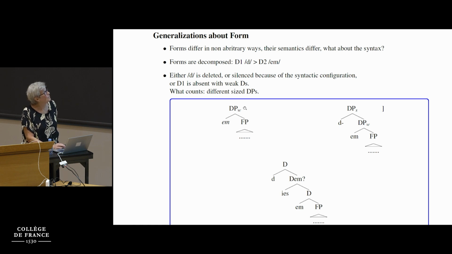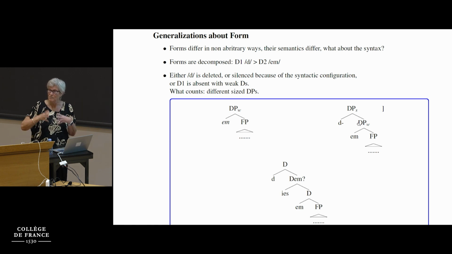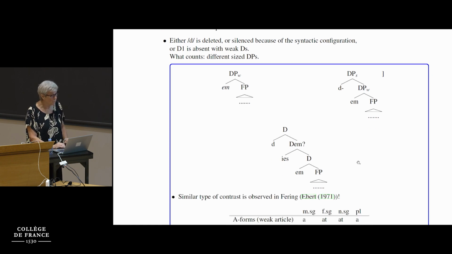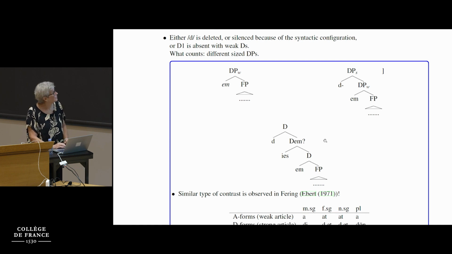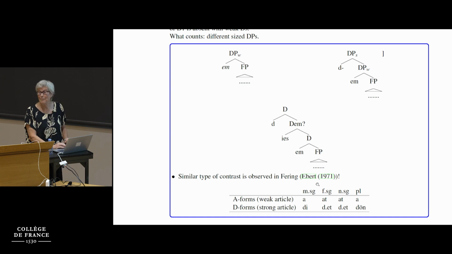And the weak form is the one that is contracted and doesn't have the D. And the anaphoric form is the form that does have the D. So this looks like they have different determiner layers. Okay, the weak form is one determiner layer and the strong form is another. So what counts here is the fact that we have different determiner layers, and we want to find out how many of these different layers there are.